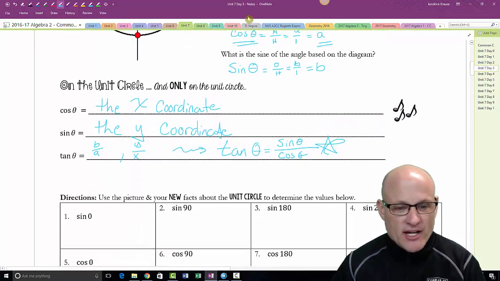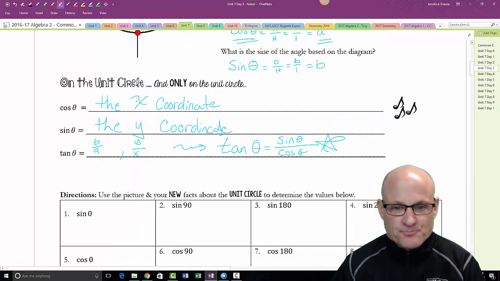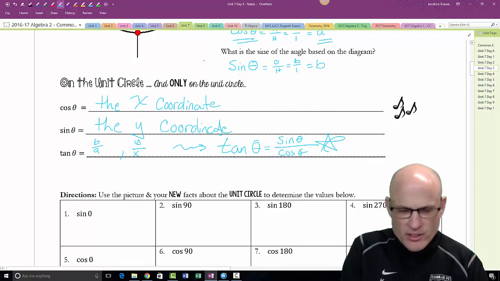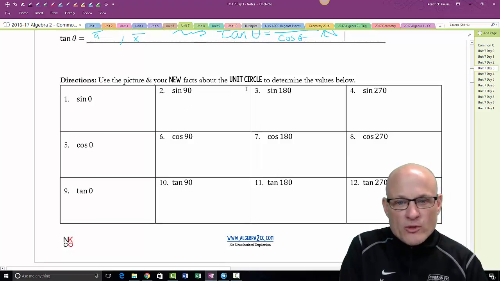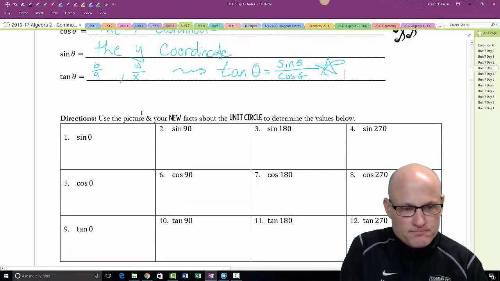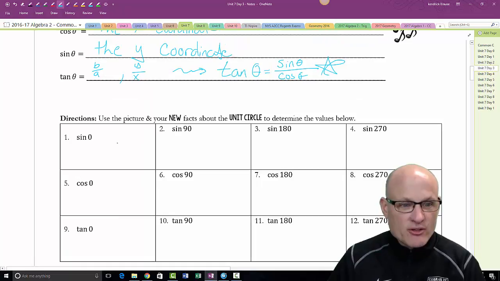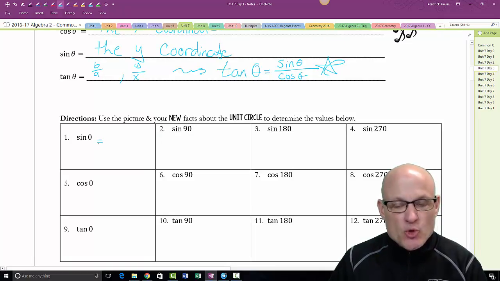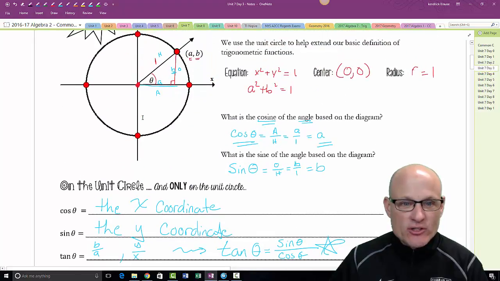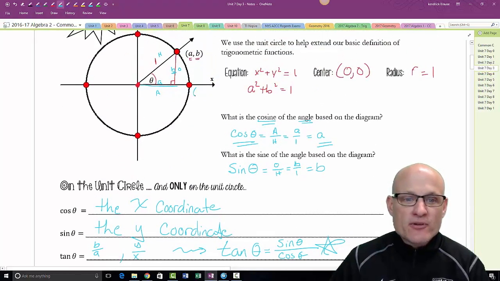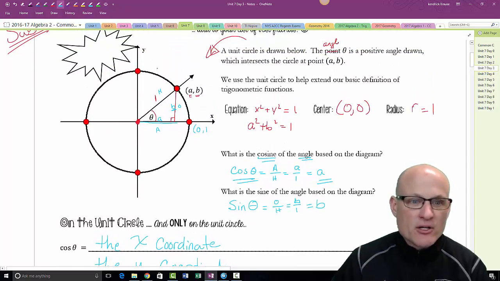So we're going to use this picture that we have above, and we're going to figure out what we know about the unit circle. So sine of 0. Now remember, it's equal to the y coordinate. Well, if I go out to the y coordinate at 0 degrees, let's see, maybe I'll put this stuff in here.